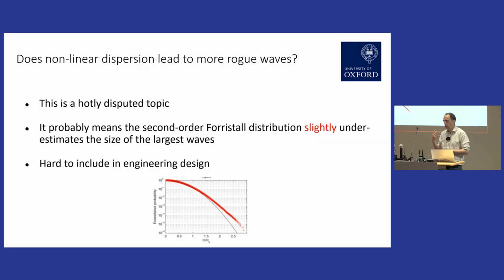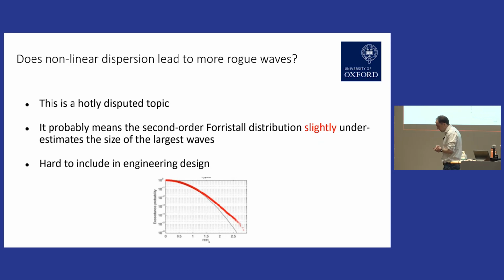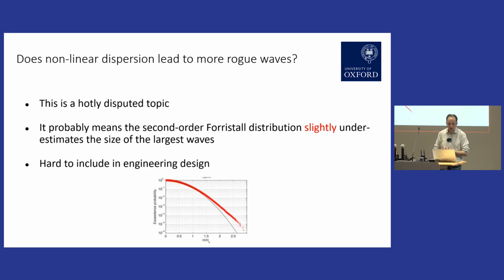Now, this sort of nonlinear dispersion phenomenon is quite important if you're trying to do regular wave tests, which often, as I said, is something we do want to do. Perhaps a more hotly disputed topic is whether this is actually important in the open ocean.